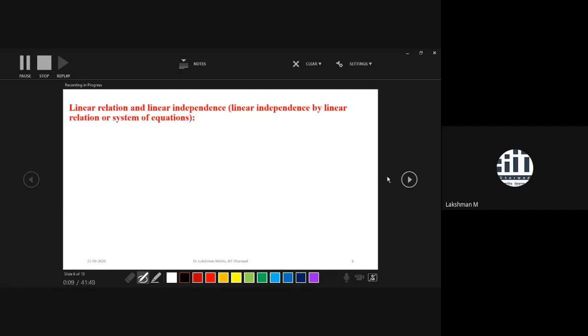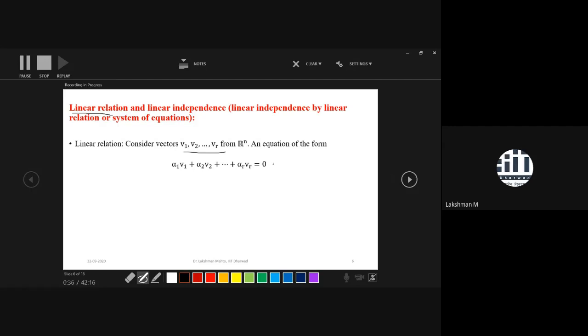Now there is one more approach, the third approach through which you can talk about linear dependency. We call it a linear relation. It is just another way to say the same thing as a system of linear equations. For a given set of vectors, we introduce a system of equations this way.